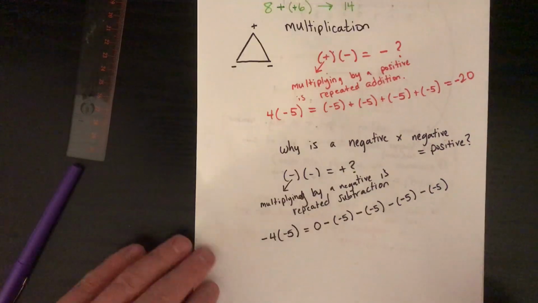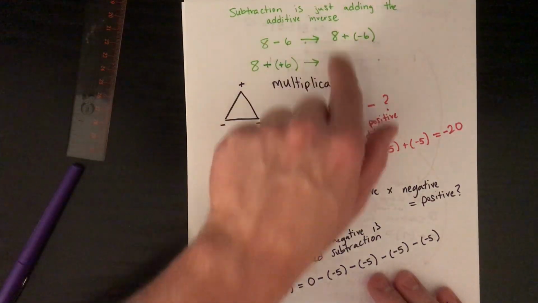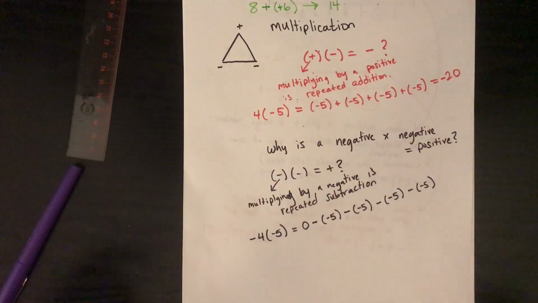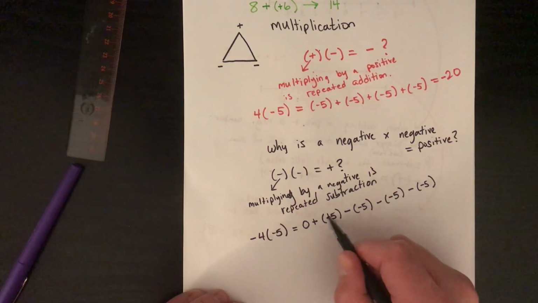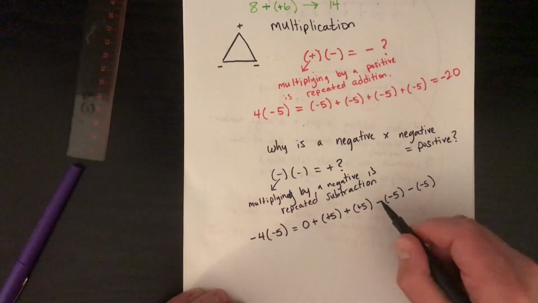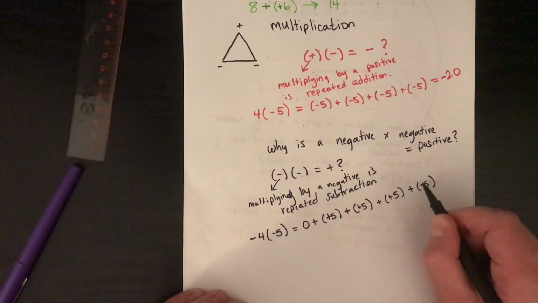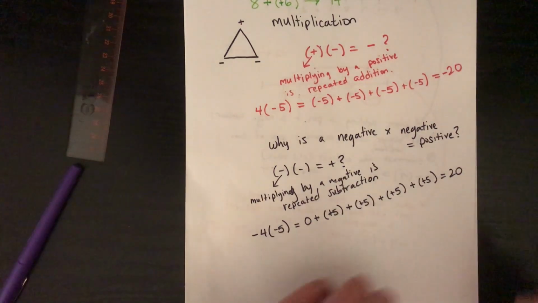And then we had already learned that subtraction is really just adding the additive inverse in disguise, right? And so, that means that this minus -5 is really plus +5, and minus -5 is really plus +5, etc., etc. And so we wind up at +20.